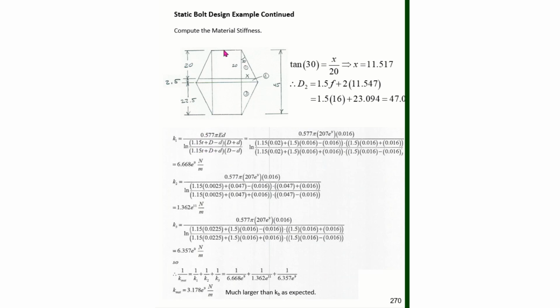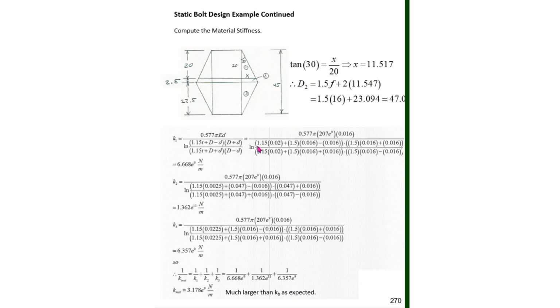For the top cone, we know that big D is equal to 1.5 little d. So writing this all out, I have the 0.577 pi, E is 207 e to the 9th, and D is 16 millimeters.